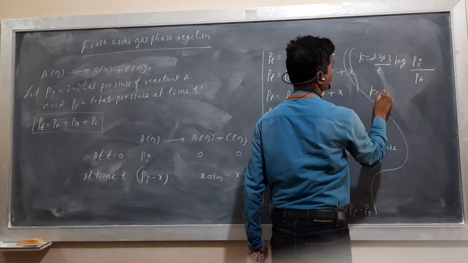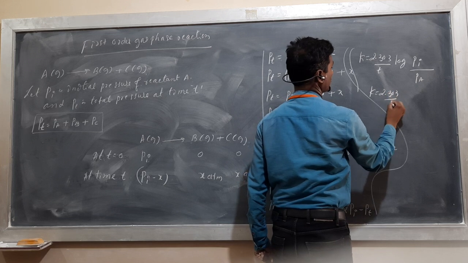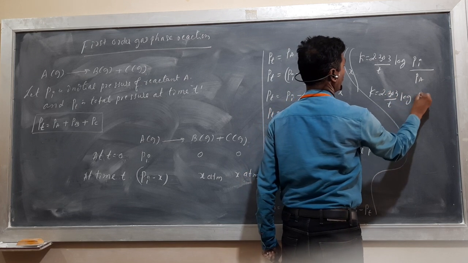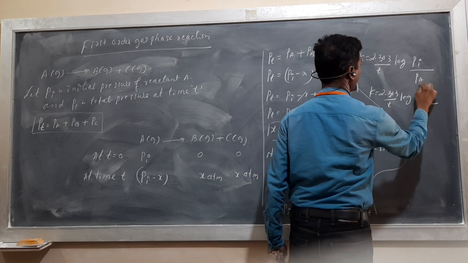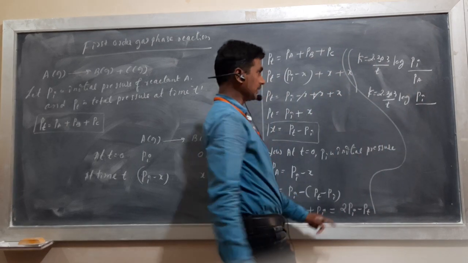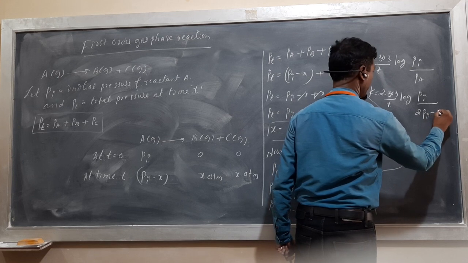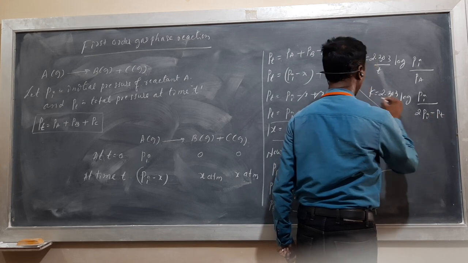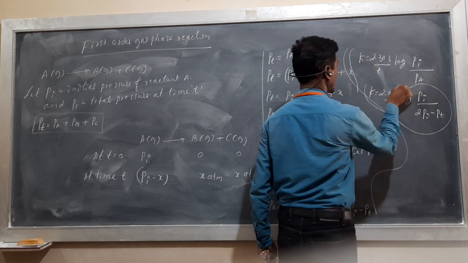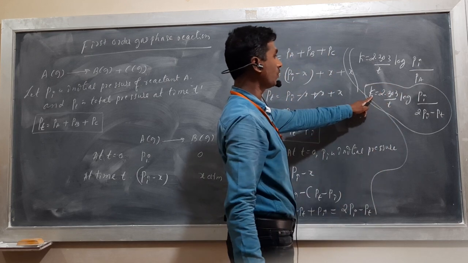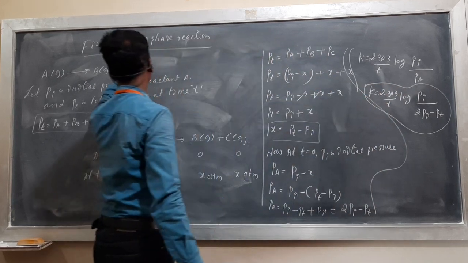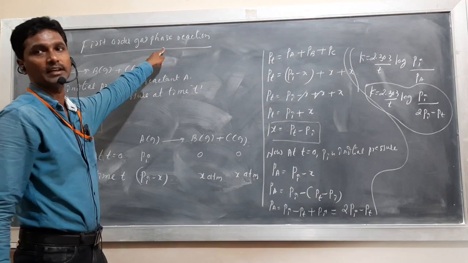K is equal to 2.303 divided by T log of Pi over Pa, where Pa is nothing but 2 Pi minus Pt. So this is the expression for the rate constant of a first order reaction in gas phase reaction.